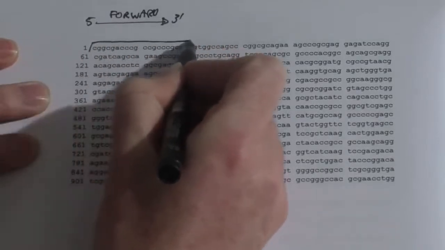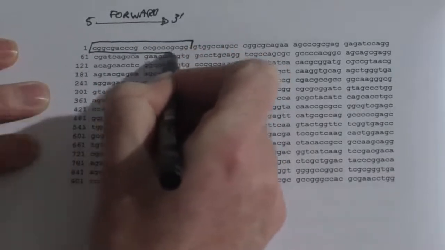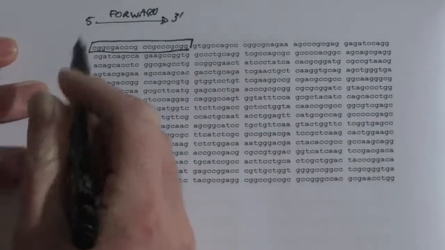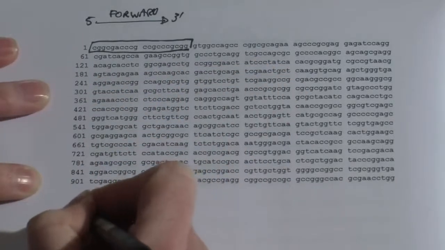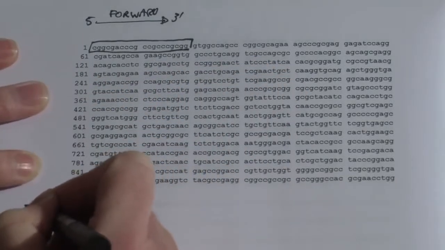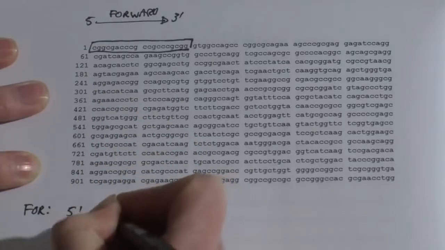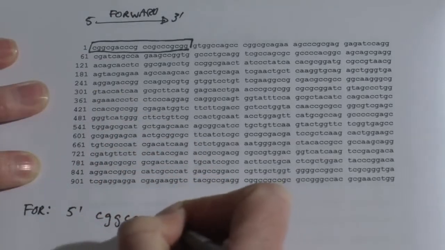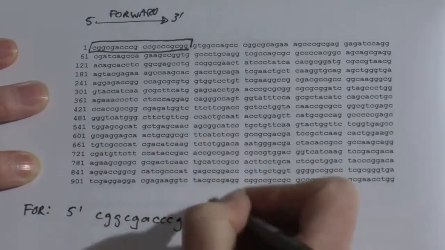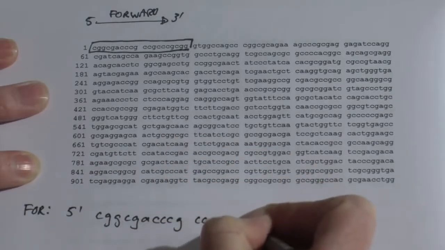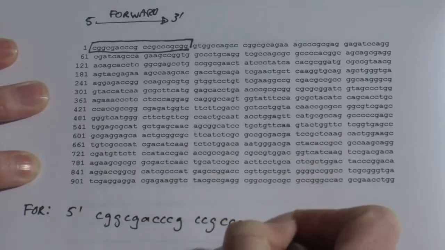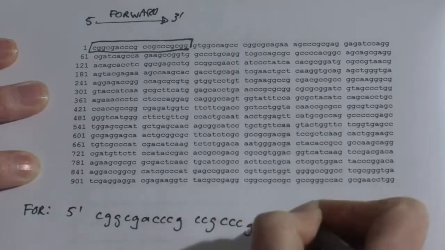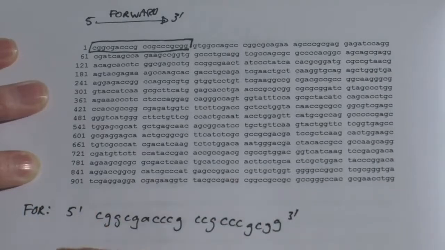This section here will be the sequence of my forward primer. So my forward primer is 5', C, G, G, C, G, A, triple C, G, C, C, G, C, C, C, G, C, G, G, 3' end here. That is straightforward.